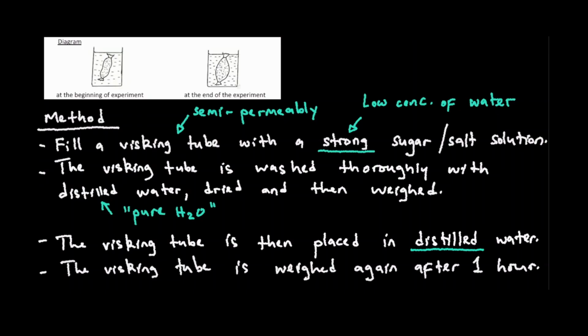Saka if osmosis is going to happen after we dip it in distilled water, so that water should be flowing from a region of high concentration to a region of low concentration. Saka at the end of it, we are going to expect the weight of the whisking tube to have increased. Increase in the weight of the whisking tube is evidence of osmosis, kureva kuti mvura yapinda mukati mewhisking tube.